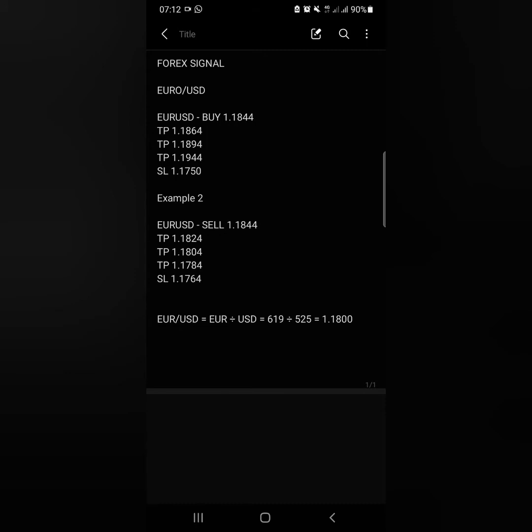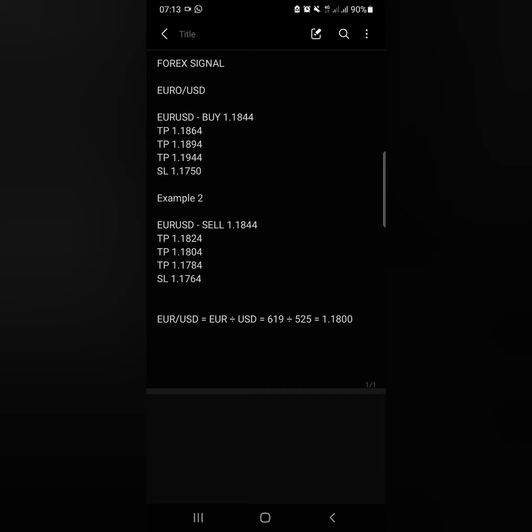Even this 1.18 is also called pips. You learn all these later, but for the sake of simplification for you who are new to forex trading, 1.18 something is simply the value when you divide the euro by the USD. So 1 euro gives you 1.1864 USD or thereabout, right?